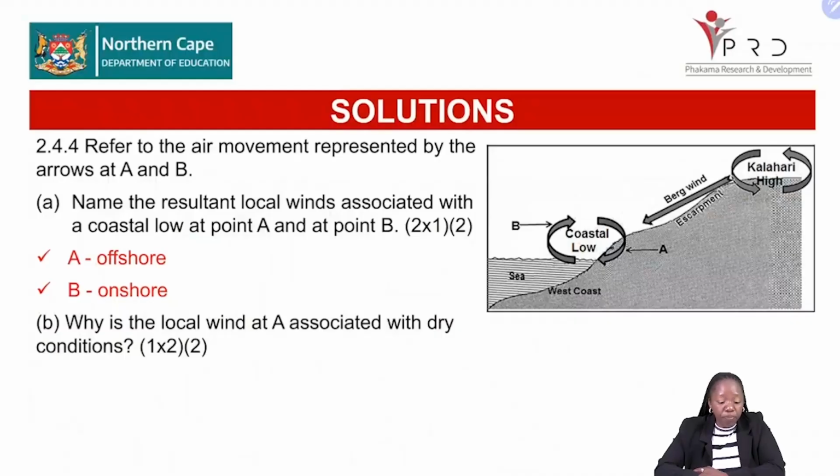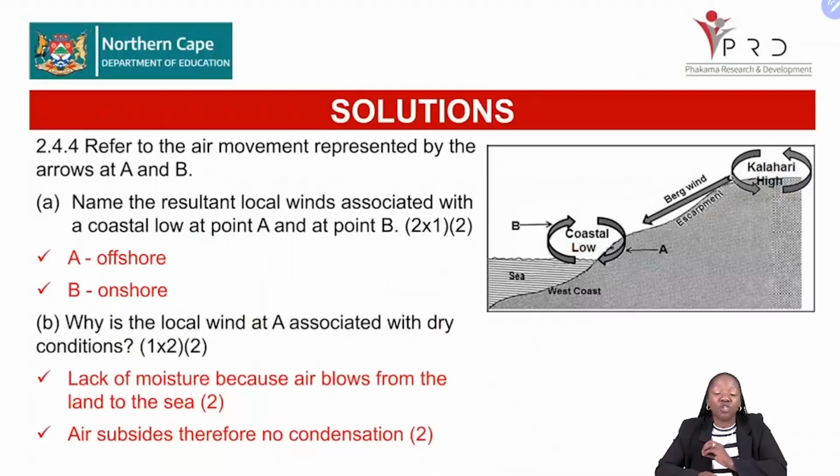Then at B, why is the local wind at A associated with dry conditions? So at A, they are associated with dry conditions because of the offshore, the winds that are going off the interior. So there is a lack of moisture because of the air that blows from the land to the sea.